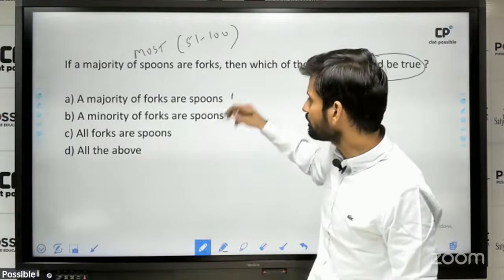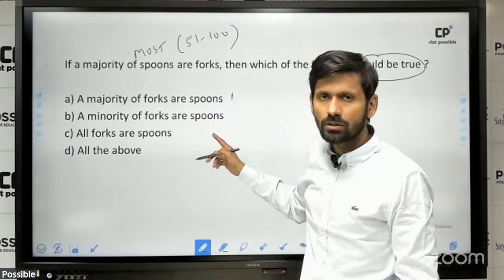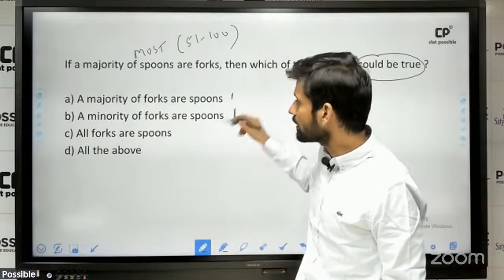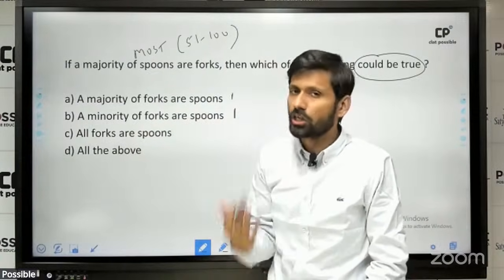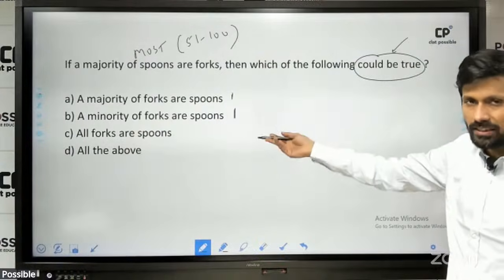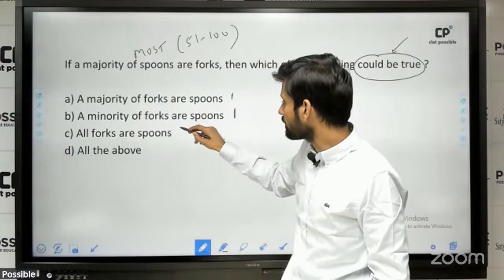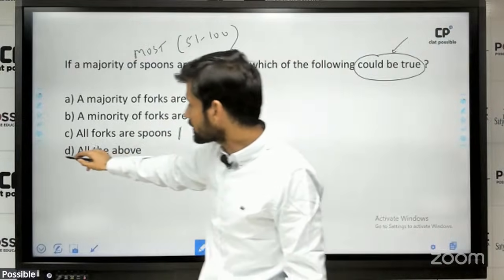So that's fine. Minority of forks are spoons. That also is a possibility. It could be a majority, it could be minority. We are not sure. But we are asked the possibility of it. Could be true. Yes, it is a possibility. All forks are spoons. Yeah, that also is a possibility. Right? So the correct answer is D, Delhi.